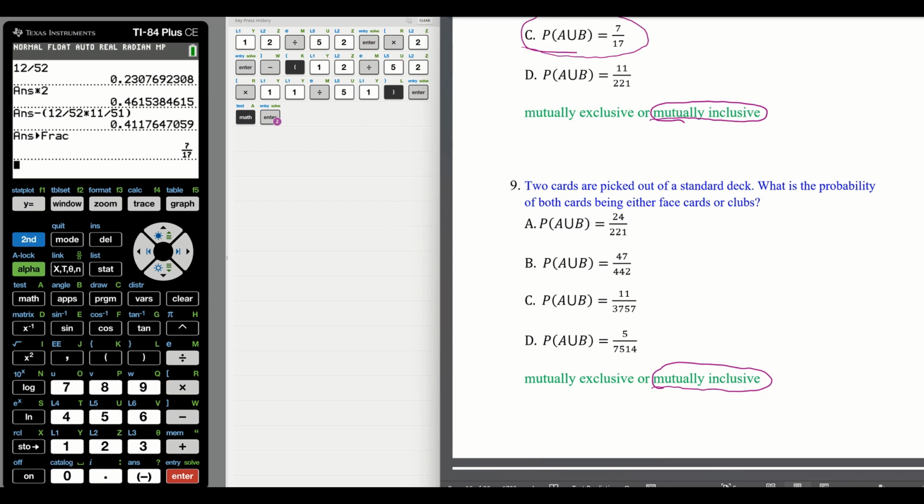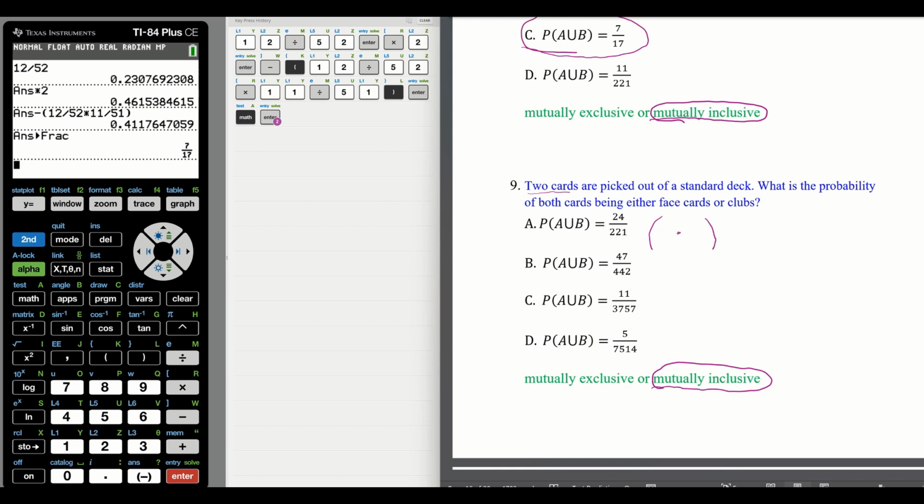Okay. Our events are also compound events, and they're a little different. We have two cards being picked out of a standard deck. Because they don't tell us it's one at a time, they don't mention replacement, they are implying that those cards are being pulled out at the same time.